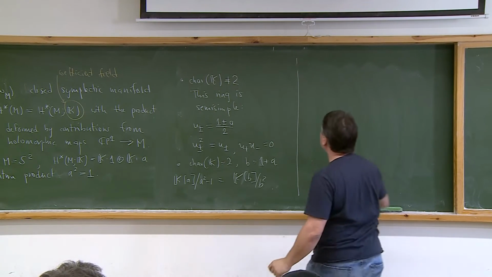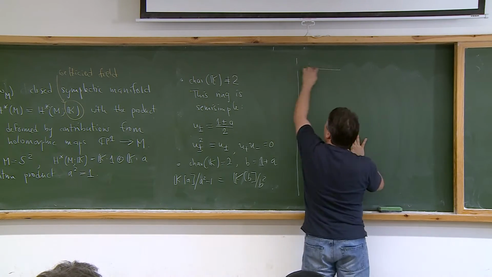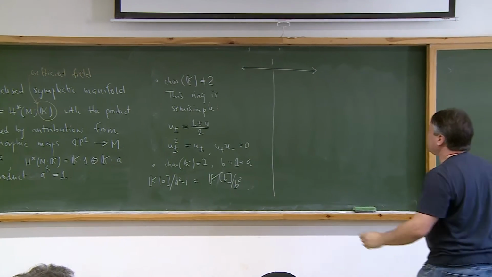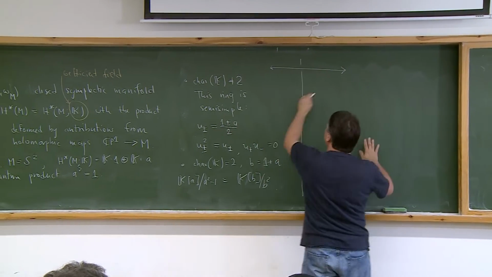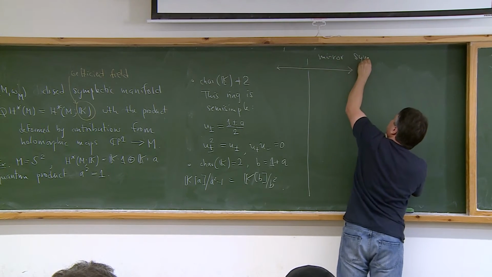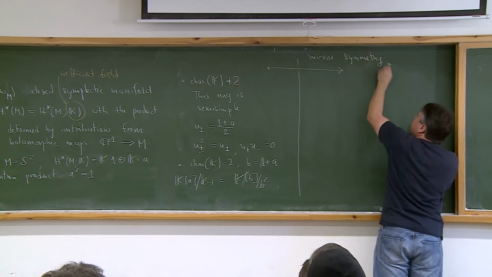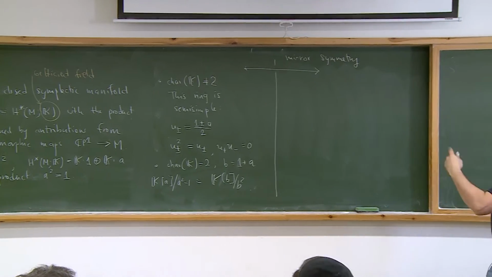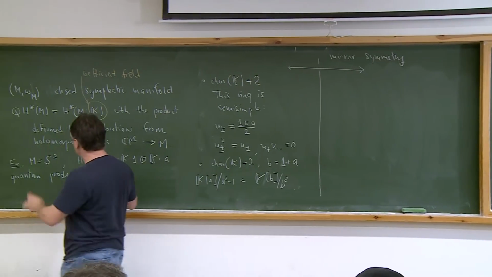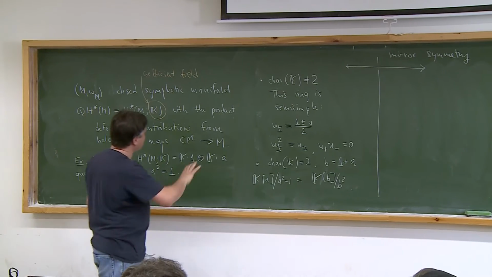So this is the symplectic geometry. I am going to use mirror symmetry to translate these things into, so mirror symmetry doesn't always apply. It applies to symplectic manifolds with a certain structure.